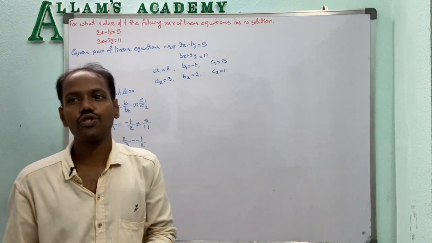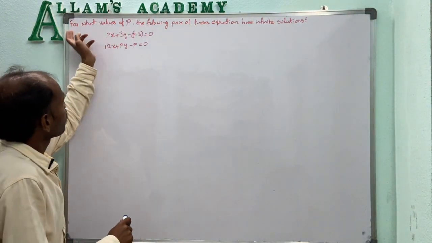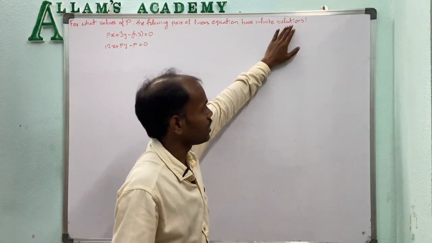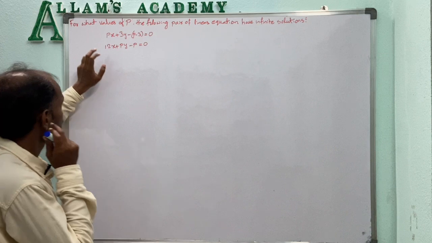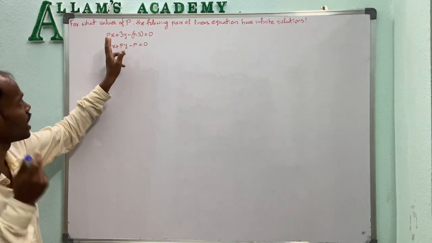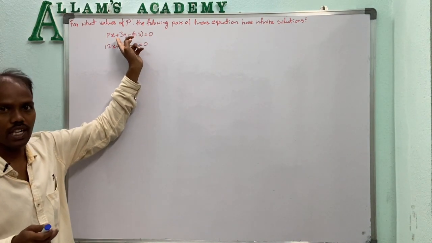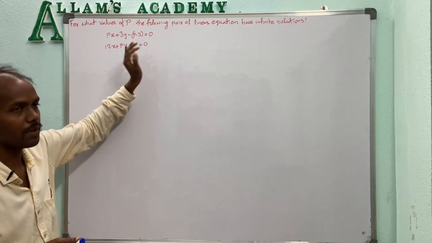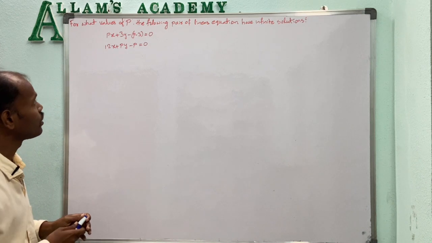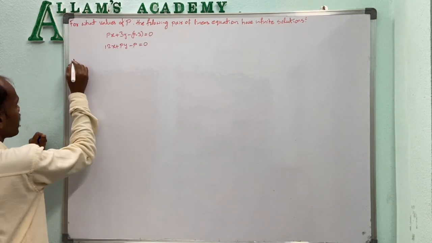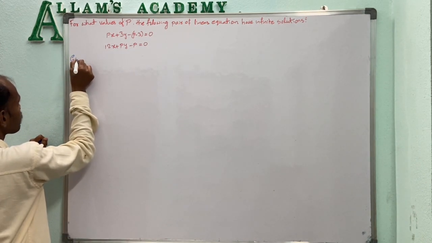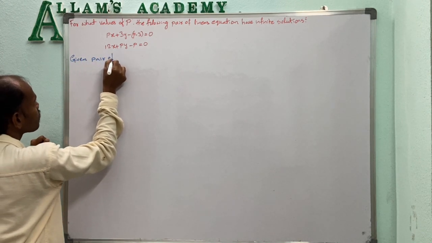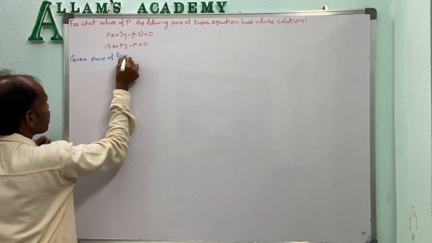For what values of p does the following pair of linear equations have infinite solutions? The pair of linear equations are given: px plus 3y minus (p by 2 minus 3) equal to 0, and 12x plus py minus p equal to 0. First writing the given pair of linear equations.